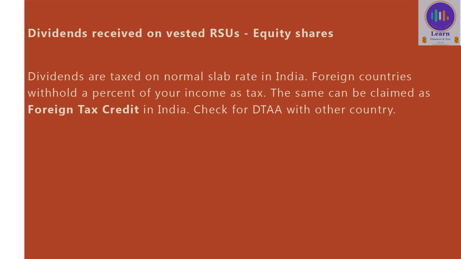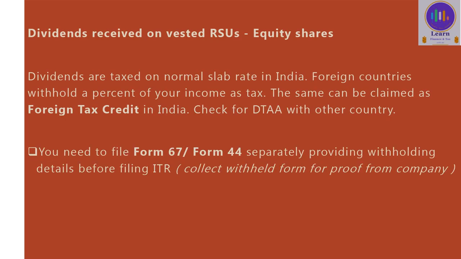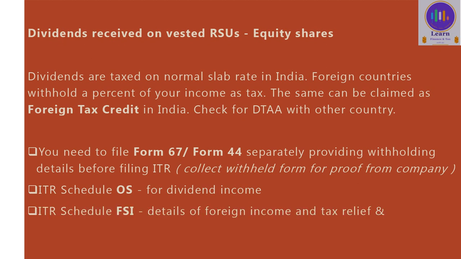You need to file Form 67 or Form 44 in the new Act separately, providing the withholding details and mentioning the article, before filing the IT return. In the IT return, Schedule OS should have dividend income, Schedule FSI should have the details of foreign income and the tax relief, and then Schedule TR should have the summary of tax relief claimed.